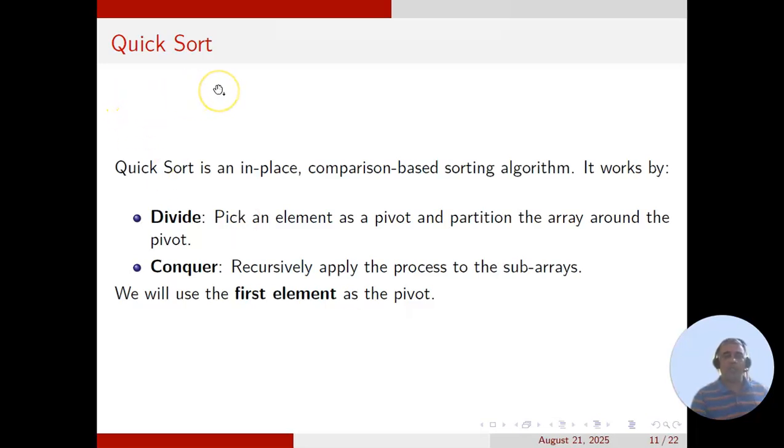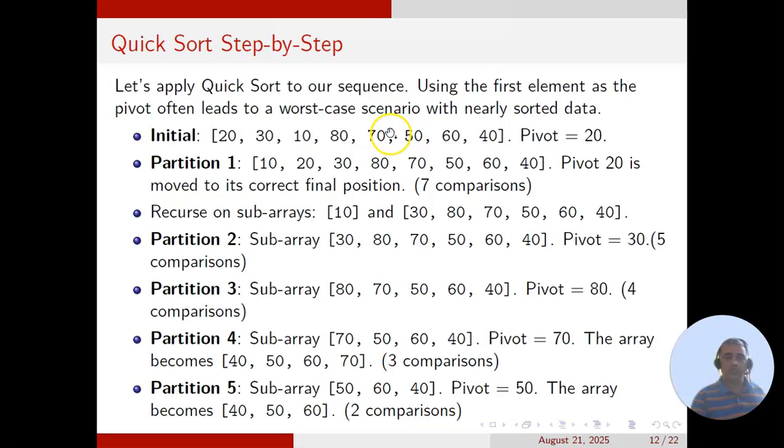Similarly, in quick sort, you pick a pivot element and place it in the correct position such that all elements on the left side are less than it and all elements on the right side are greater than it, and recursively apply this process on the 2 subarrays, the left side subarray and the right side subarray. Here we are using the first element as the pivot.